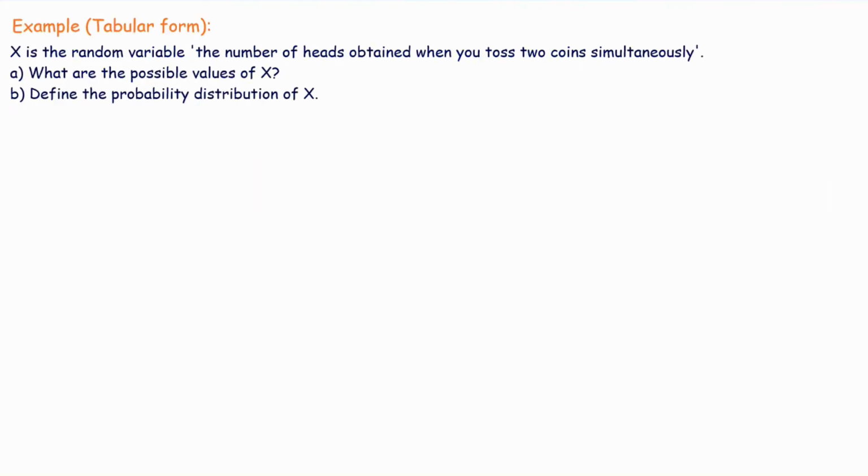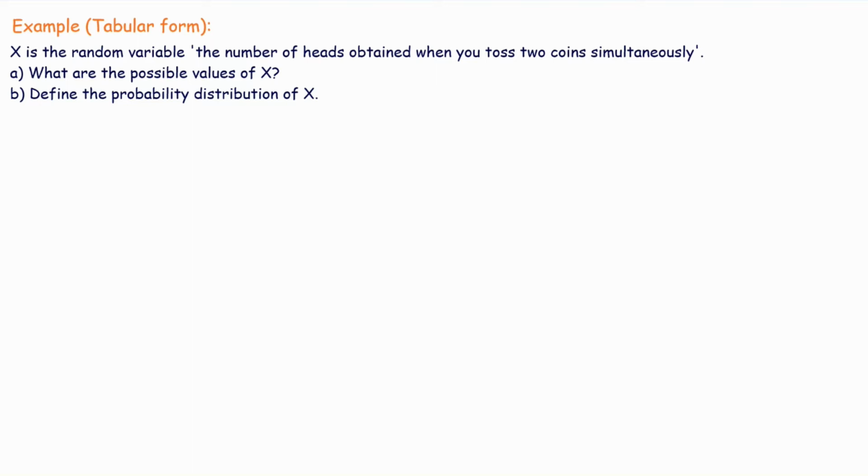Okay, so let's look at tabular form, which we've just discussed in the previous example, but you can also work it out here again. X is a random variable, the number of heads obtained when you toss 2 coins simultaneously.